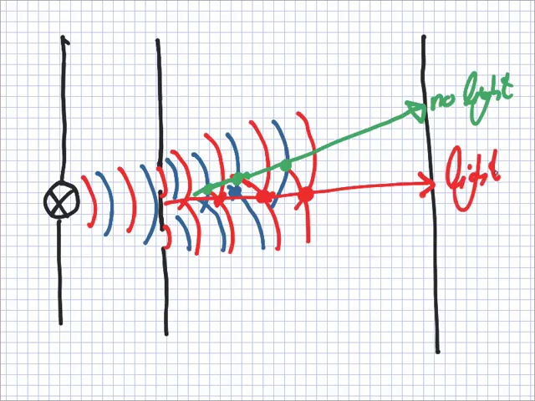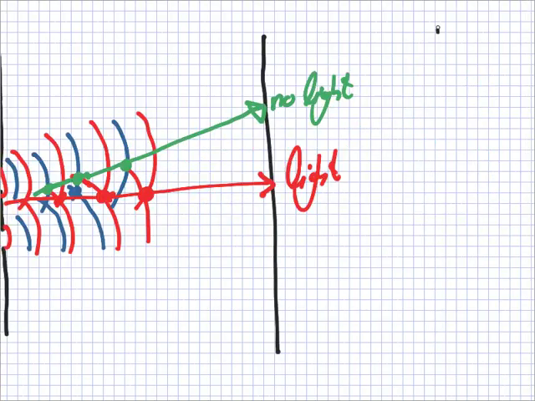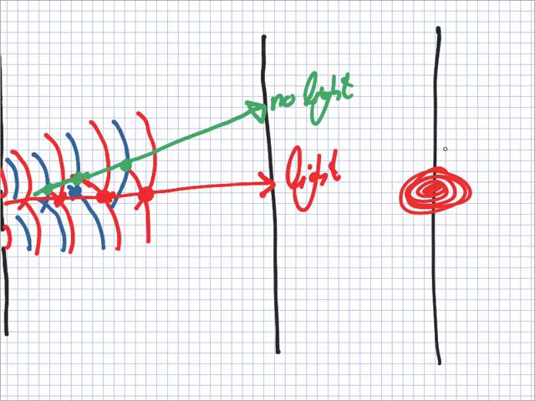Now you can continue this pattern, and what you'll discover is you'll get something that looks like this. Something which is very bright here, then you have darkness, then another bright spot, but it's not as bright. Then darkness, then another bright spot, but it's not as bright, and so on. And likewise in the other direction.